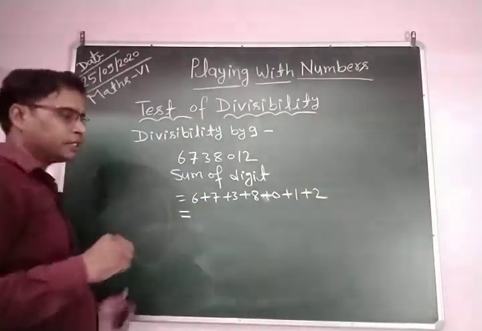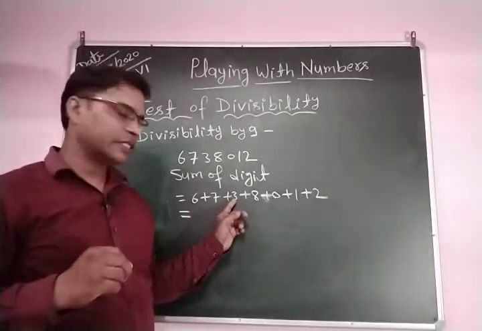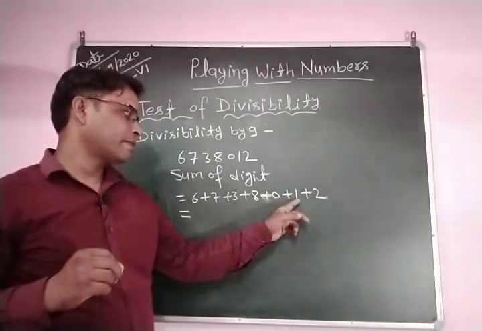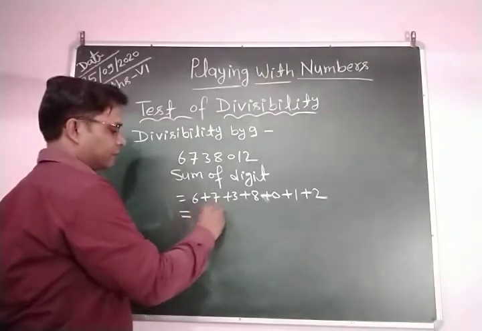What is the sum? 6 plus 7 is 13, plus 3 is 16, plus 8 is 24, plus 1 is 25, plus 2 is 27. This is equal to 27.